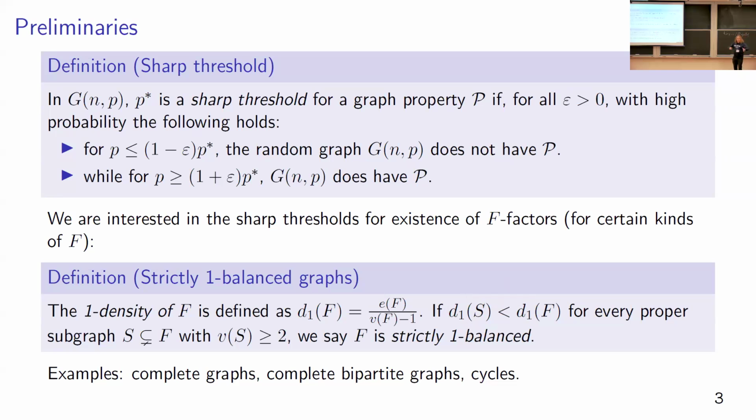So no strict subgraph has the same or larger density than the entire thing. And it's a rather diverse family. So all complete graphs are in there, all cycles are in there. Not quite all complete bipartite graphs are in there, but if you have at least 2 vertices on either side, then it will be strictly 1-balanced.